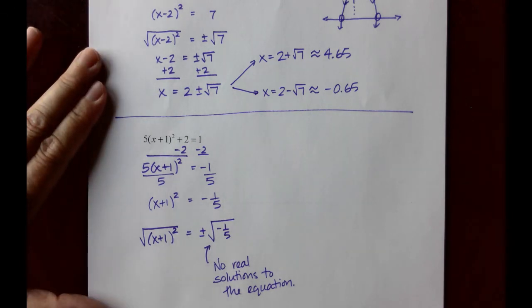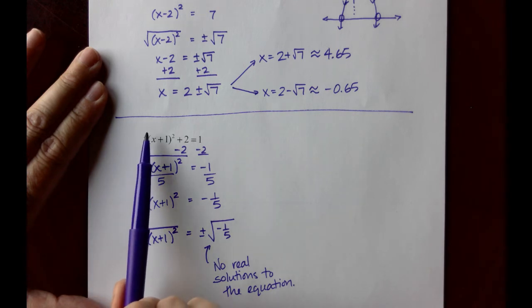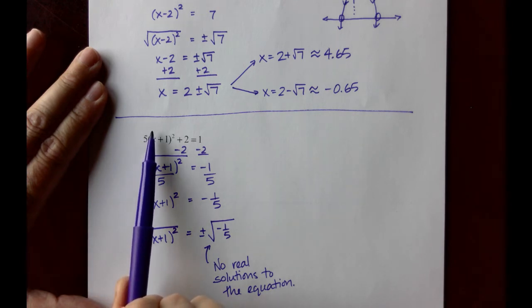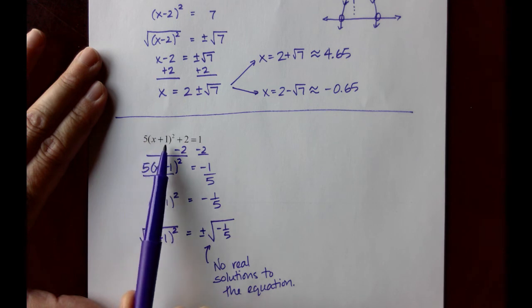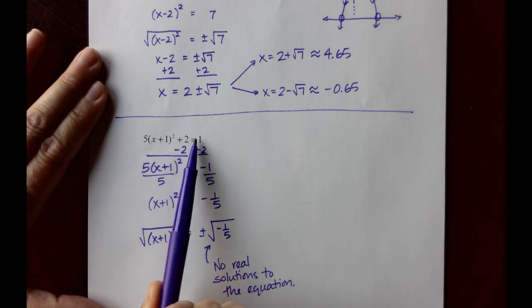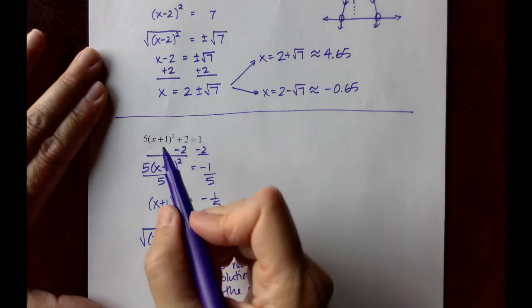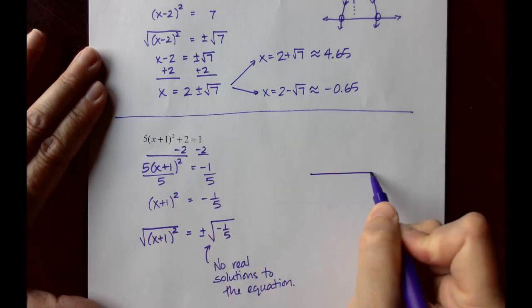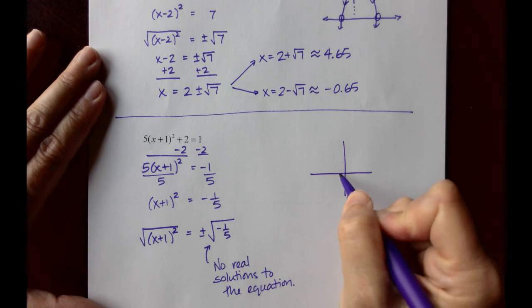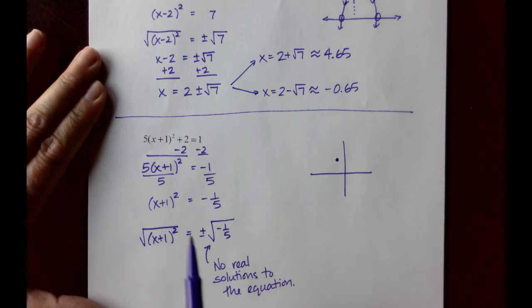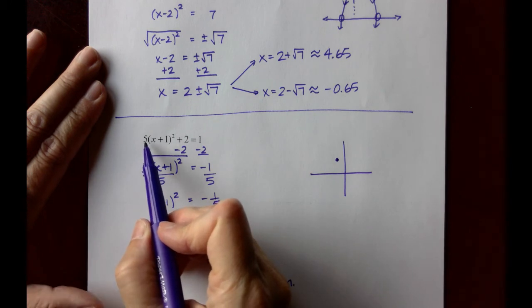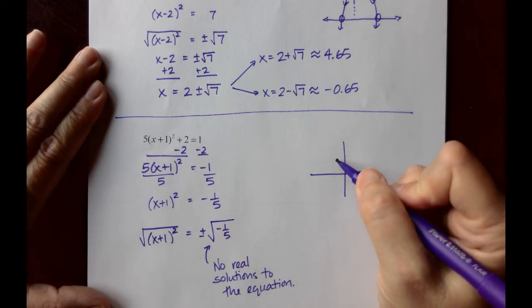Let's take a look and see conceptually if this makes good sense, or graphically. The original statement essentially asked you to take a look at the intersection between a parabola and the horizontal line y equals 1. The parabola over here on the left had a vertex of (-1, 2). So just quickly graphing that in here, (-1, 2) for a vertex. And then the parabola is supposed to open upward because of the positive a value.